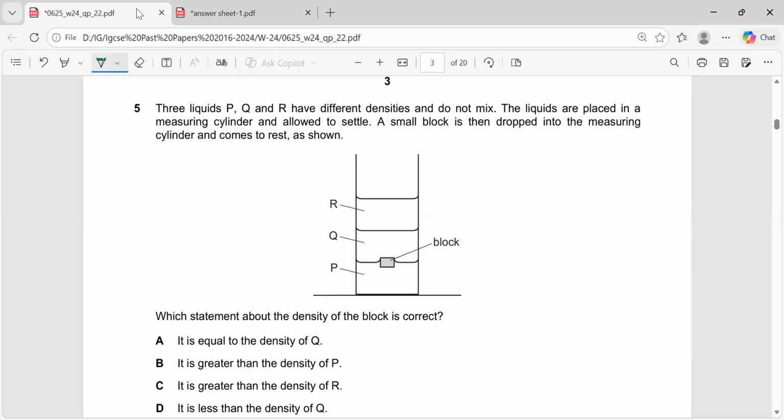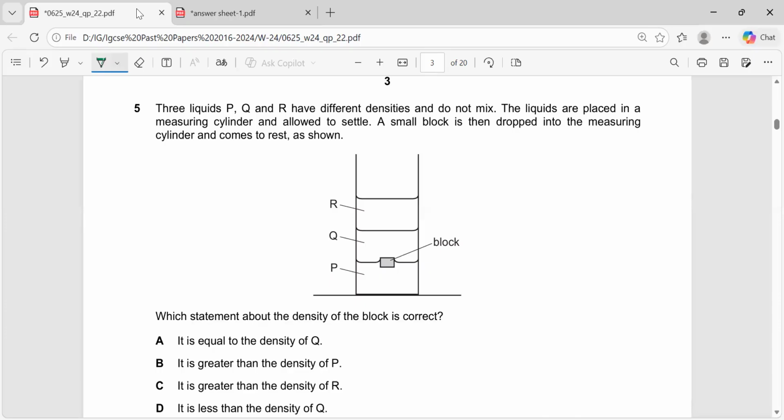Like whenever there is a leakage in a container carrying oil moving through the ocean, and there is a breakage or leakage, the oil comes out of the tanker. Oil is less dense than water, so oil always floats on the surface of the water. It never mixes with the water. That is a very clear example. So if it is only written that three liquids P, Q, and R are in one container and they don't mix, it means all three have different densities.